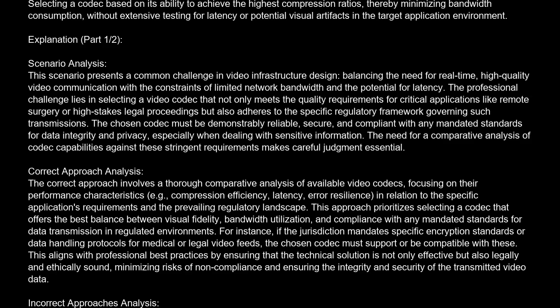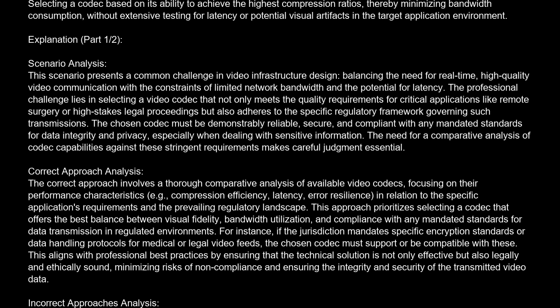The chosen codec must be demonstrably reliable, secure, and compliant with any mandated standards for data integrity and privacy, especially when dealing with sensitive information. The need for a comparative analysis of codec capabilities against these stringent requirements makes careful judgment essential.